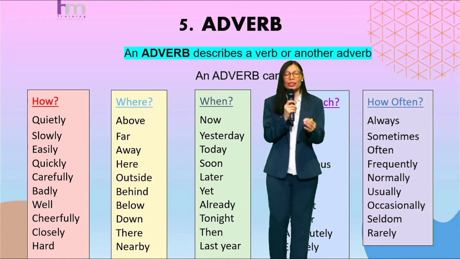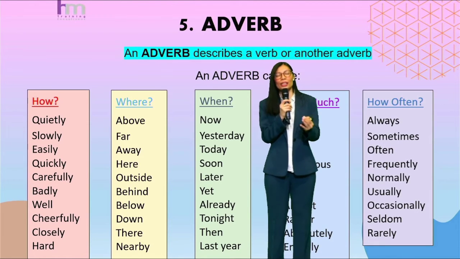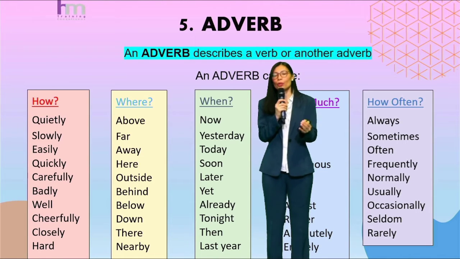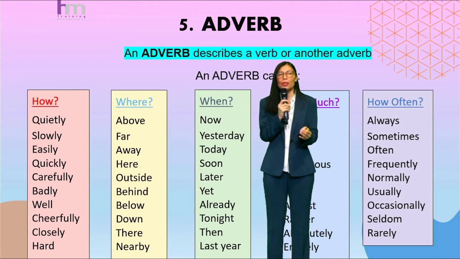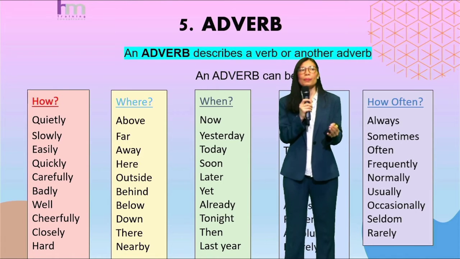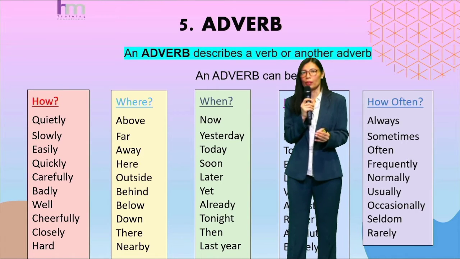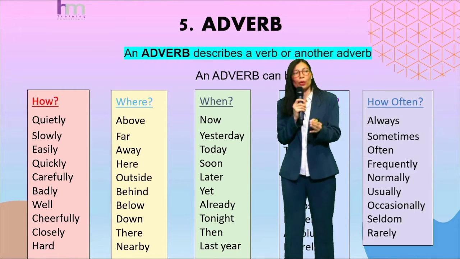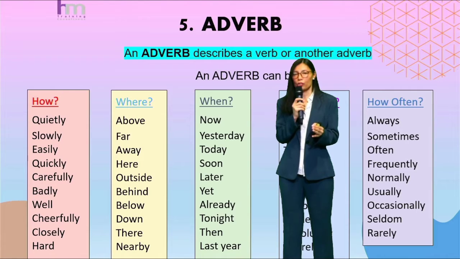So that's a technique for learning English: if you see a word with ly in it, you know it's an adverb. Adverbs describe your verb. Your verb is an action. So there are so many words for you to describe your action.